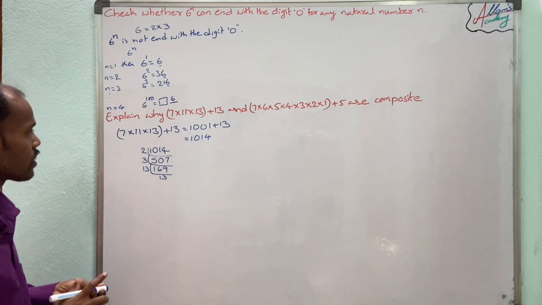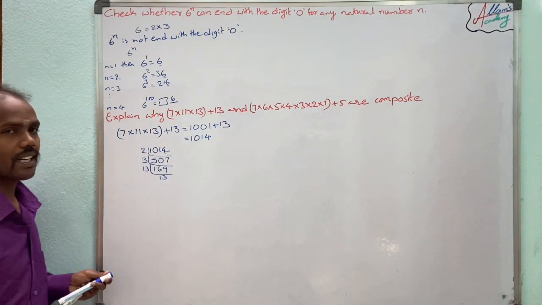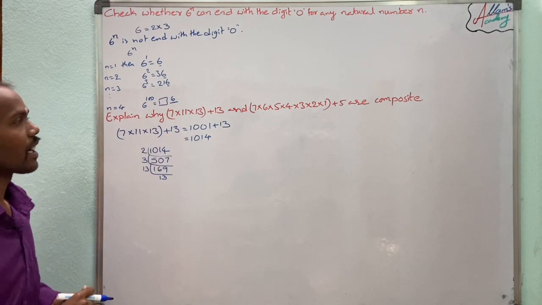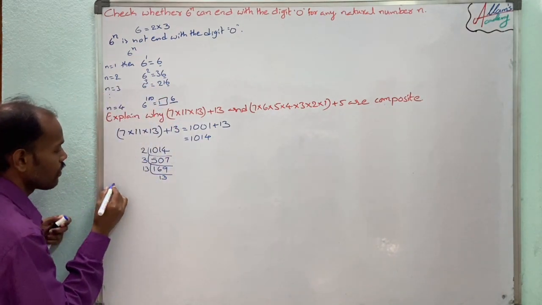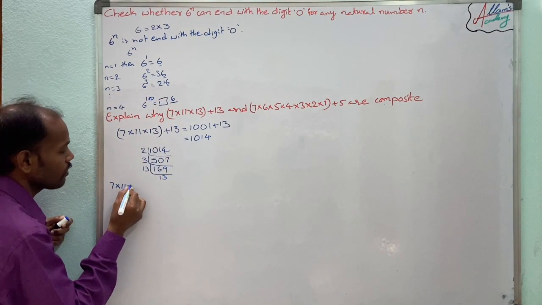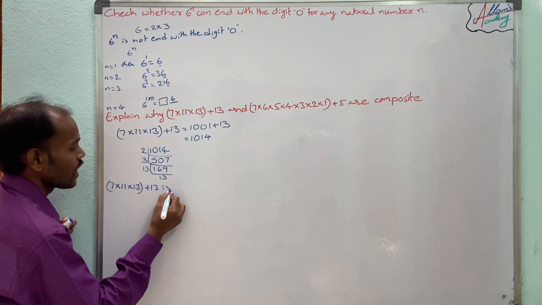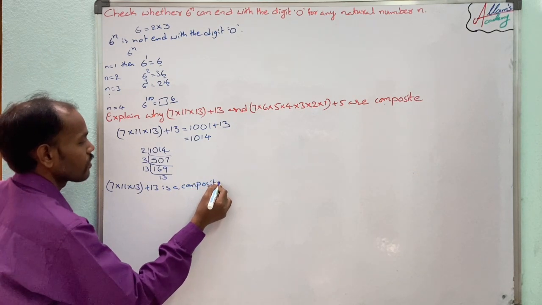So now 1014 has 2, 3 and 13 as factors. So this number is a composite number. So 7 into 11 into 13 plus 13 is composite, not a prime number.